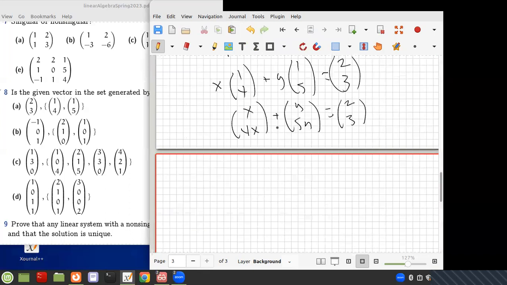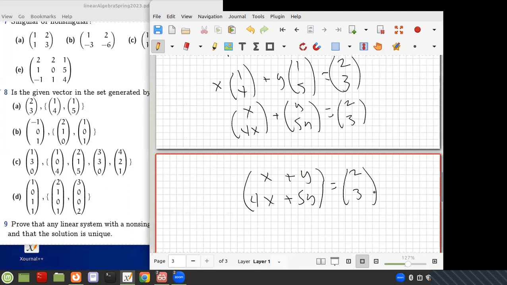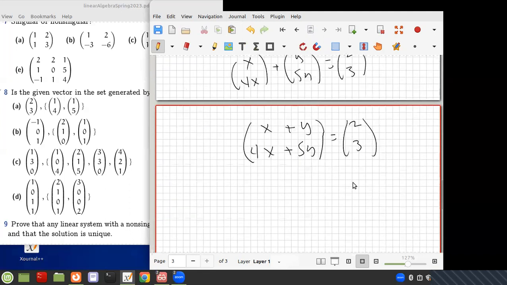Then let's add these two vectors together to get (x plus y, 4x plus 5y) equals (2, 3). Well, when are two vectors equal? They're equal when the components are equal. So this is true exactly when x plus y equals 2, at the same time 4x plus 5y equals 3.